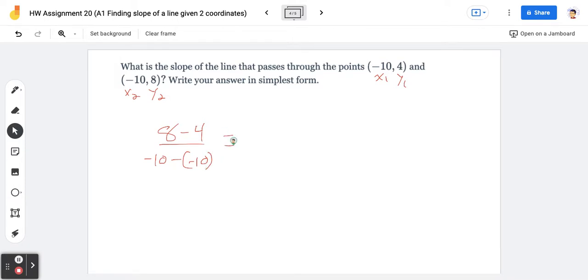All right, 8 minus 4 is 4. Negative 10 minus a negative 10 in your calculator will say 0. And this is not something we can calculate. 4 divided by 0, we can't divide by 0. So our slope is going to be what we call undefined, because we cannot define it. So the answer is not 0. It is undefined.